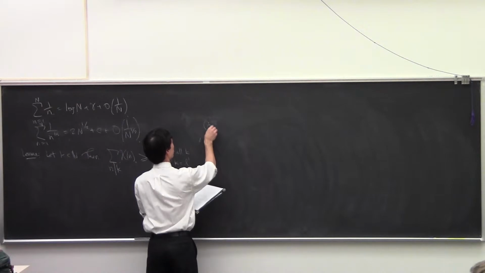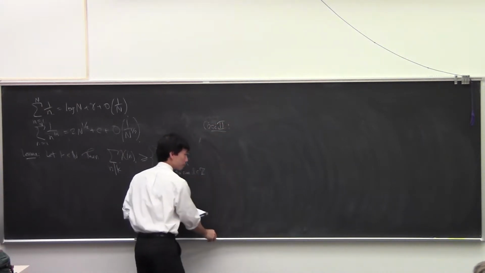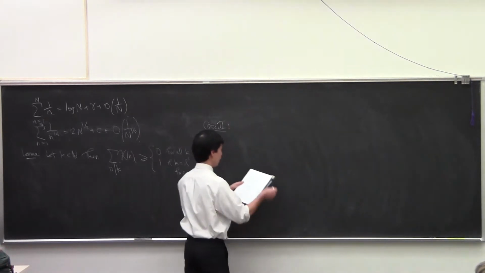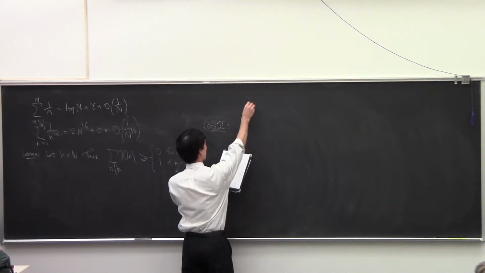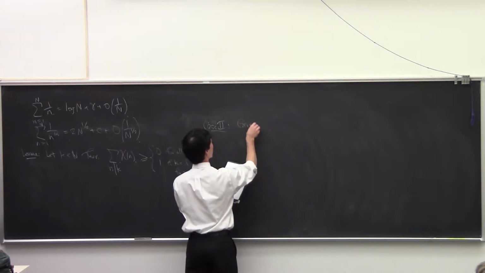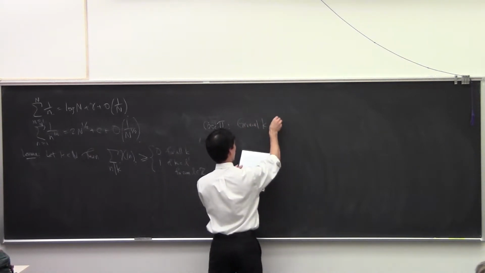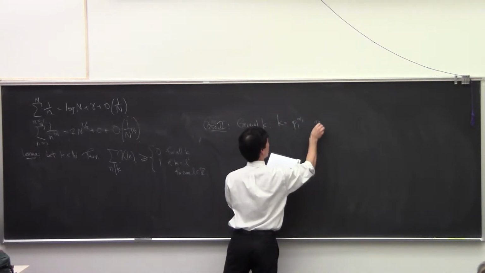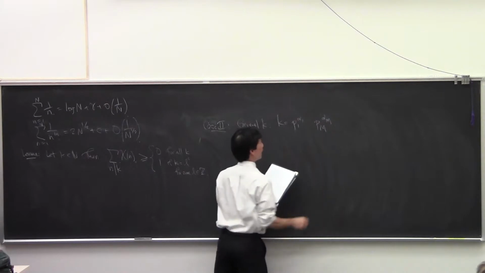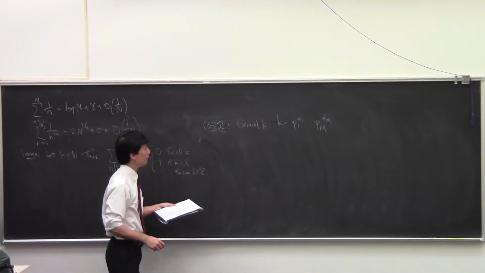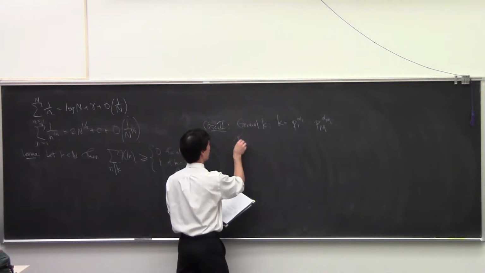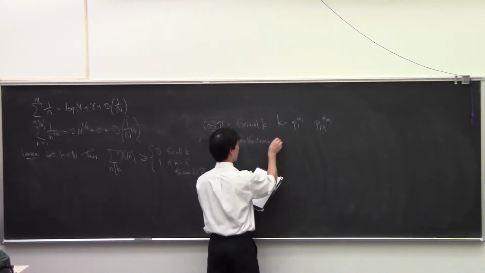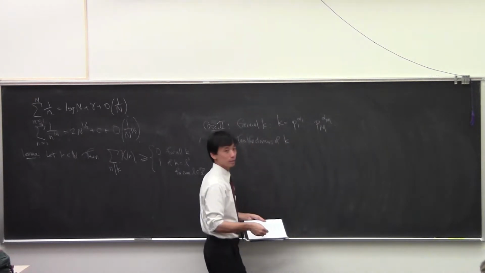And then this is case 2. In the case of a general k, k has some prime factorization, p1 to the alpha 1 through pm to the alpha m. In that case, what are the divisors of k?